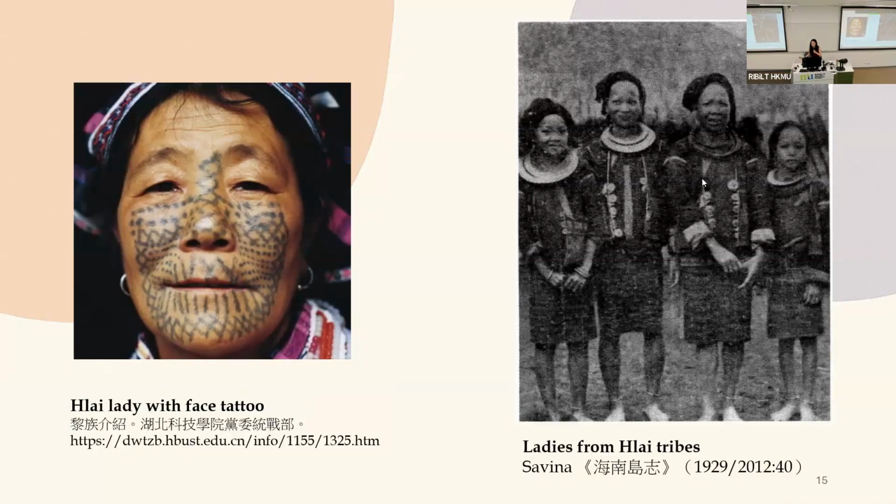He visited Hainan in the early 20th century. And this is a much more recent photo of a Li woman from a tribe, and she still has this tattooed skin. So we are more confident in the records we see after the Song dynasty.